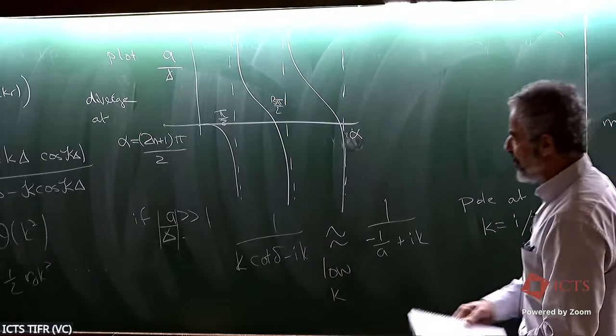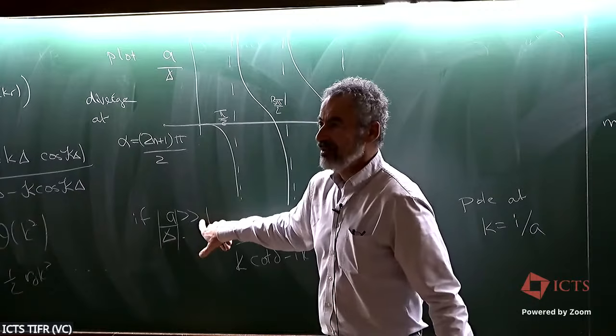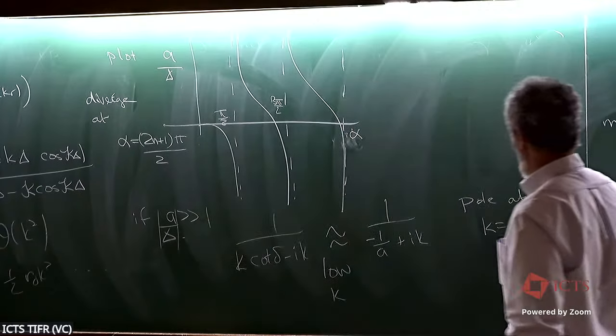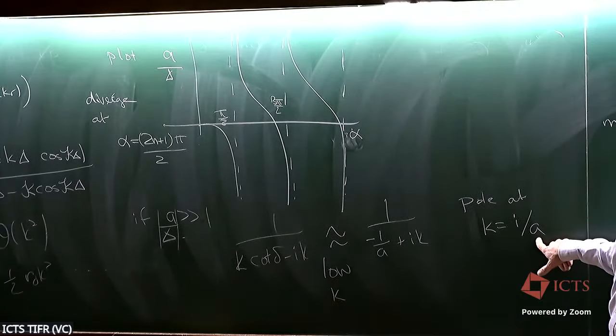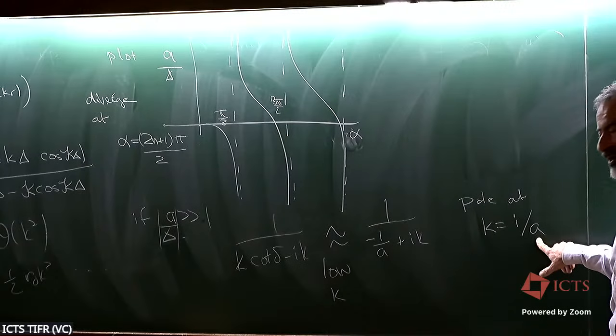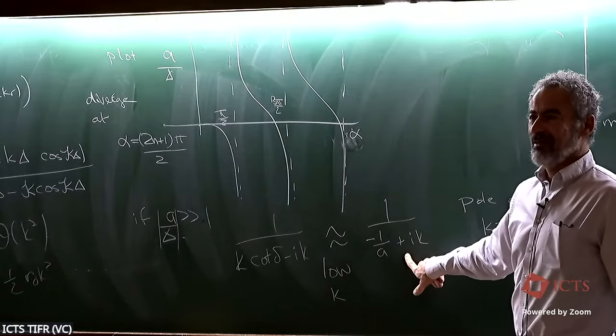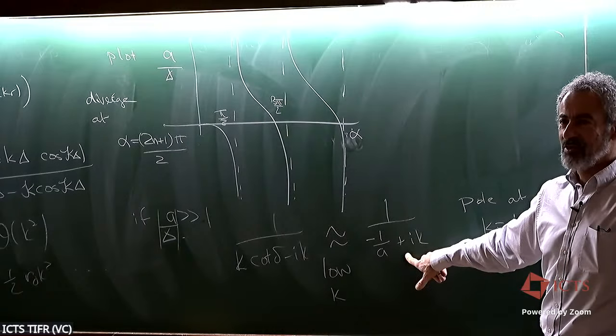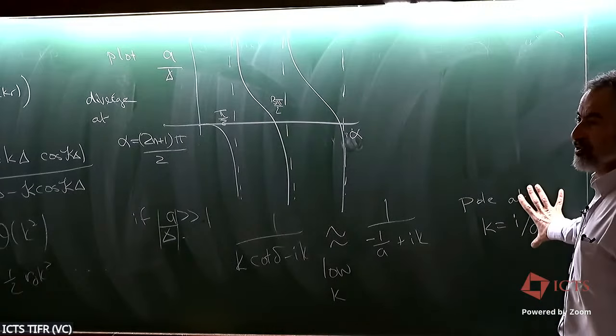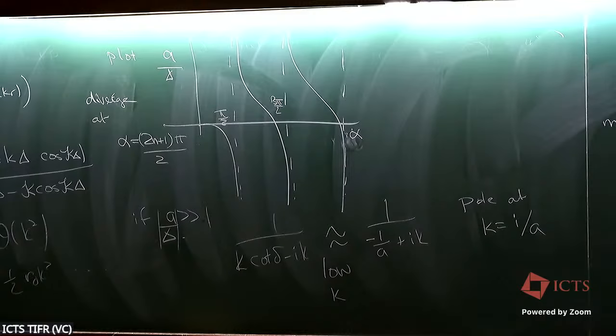Since I took a to be very large, I can trust this result because k is very small in magnitude, which justifies the Taylor expansion. So this is self-consistent. This pole is reliable when k is small, or a is large.